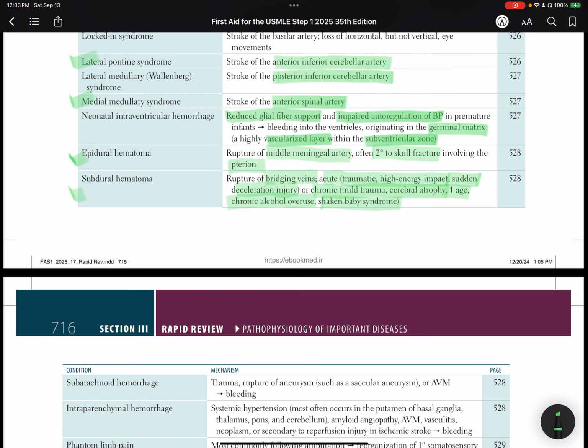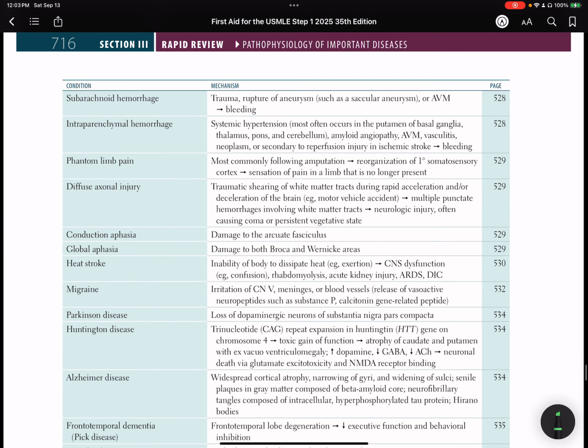So the main findings in subdural hematoma are rupture of bridging veins, acute because of traumatic high energy impact, sudden deceleration injury, or chronic. Chronic causes are mild trauma, cerebral atrophy, increased age, chronic alcohol overuse, and shaken baby syndrome. What causes subarachnoid hemorrhage?